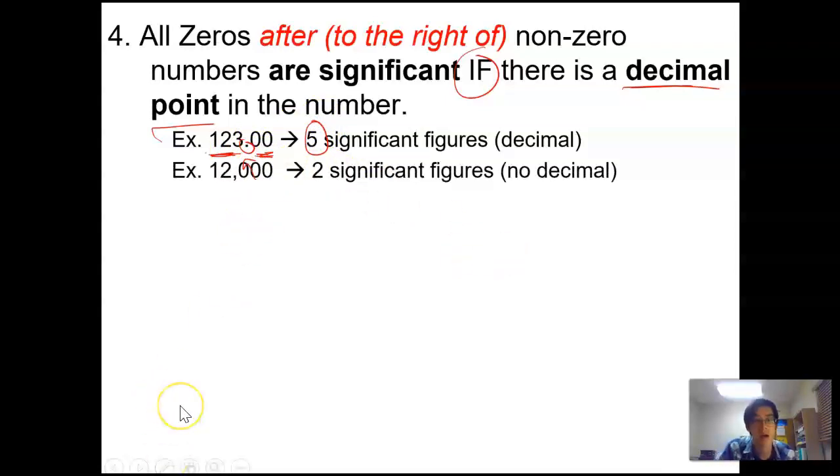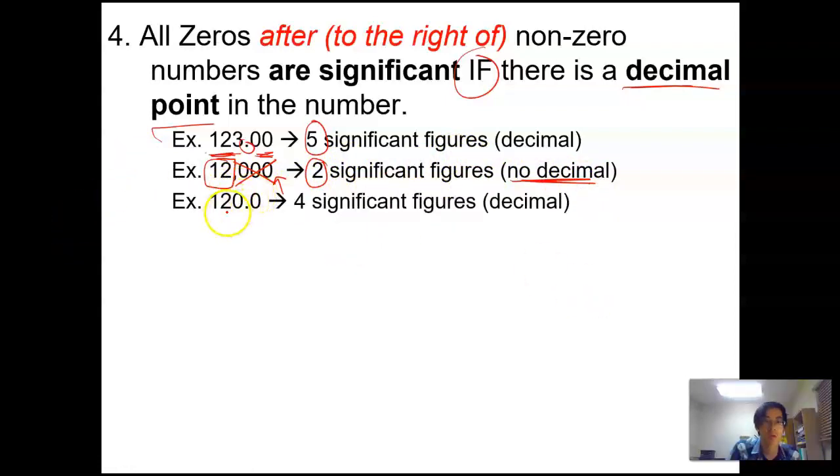Alright, so 12,000 only has 2 sig figs, okay? Why? Because there's no decimal here. Okay, there's no decimal there, so these zeros do not count, and only the non-zero numbers in 12,000 count as significant figures because there is no decimal. All right.